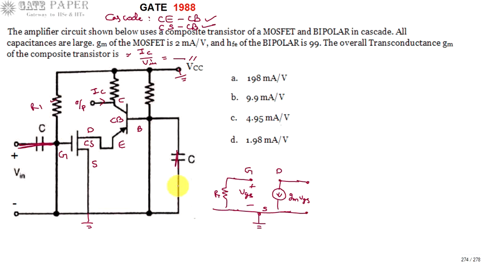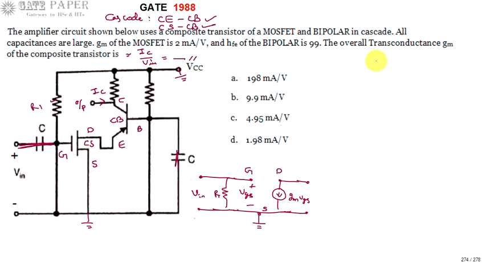V input is connecting across the gate, so this is going to be treated as V input. If you observe, V input is directly the voltage across R1, that is nothing but VGS. So you can write one conclusion that V input is equal to VGS.